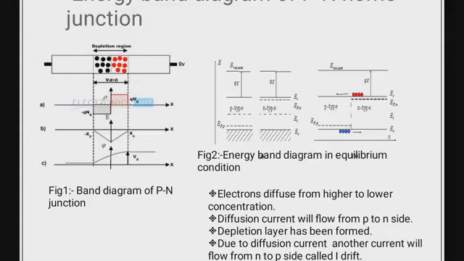Now, in this diagram there are two components which denote the particle or carrier density due to the migration of charged particles from n to p and p to n side.